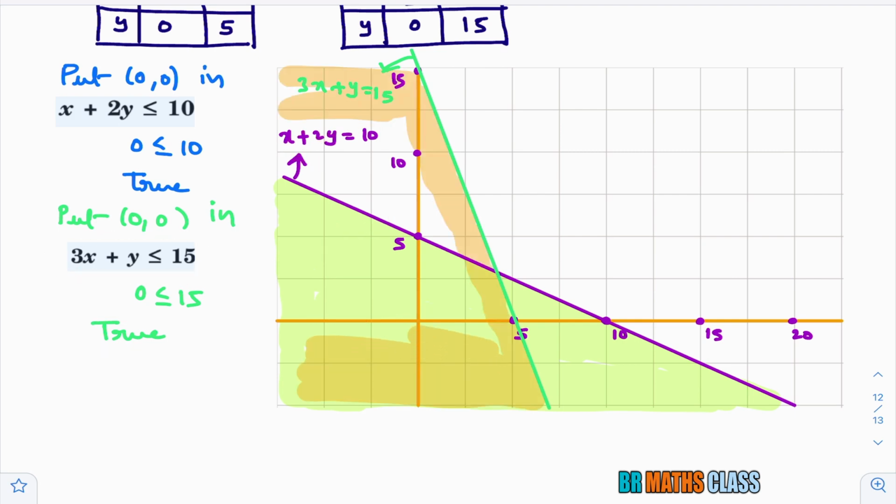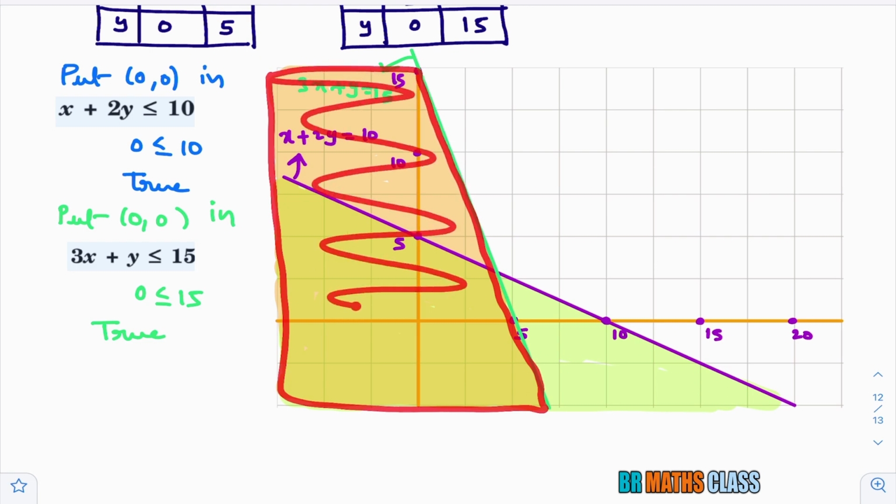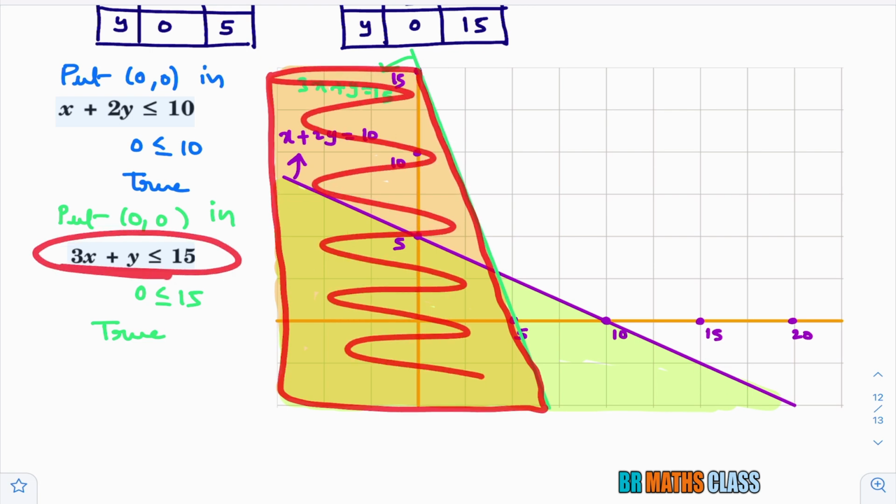Please observe the common region formed by these two inequalities. Where is the common region? Common region means the green color part as well as this light orange color part. If you observe, this shaded part is the solution of this inequality. That means in this shaded part, if you take any point, substitute in this inequality, it satisfies.